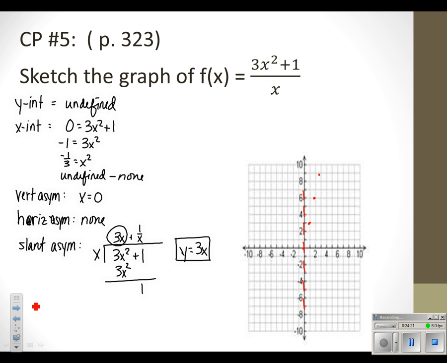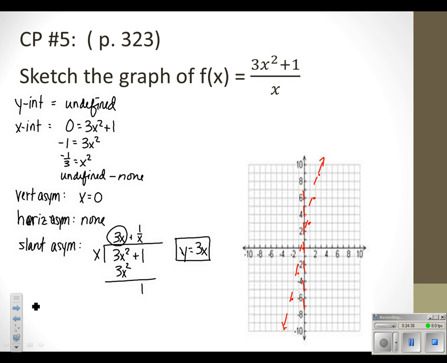Slope of 3. And we got that one in. All right, so now we have to build that table of points.